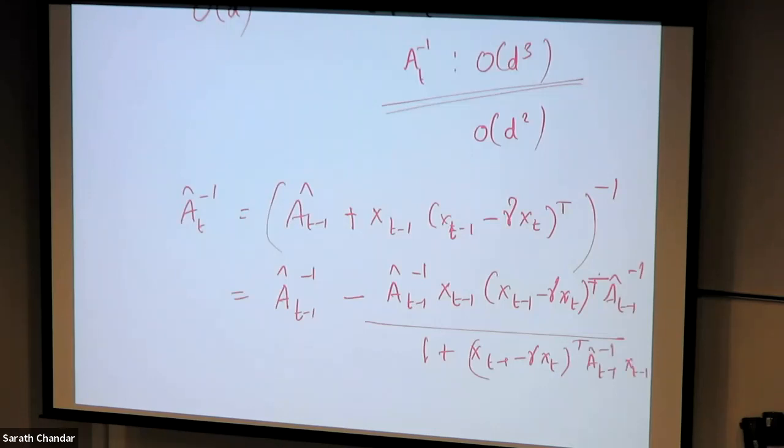It looks like a very complex formula. You don't need to understand what is going on inside. This is a standard formula, and it has a name: the Sherman-Morrison formula.